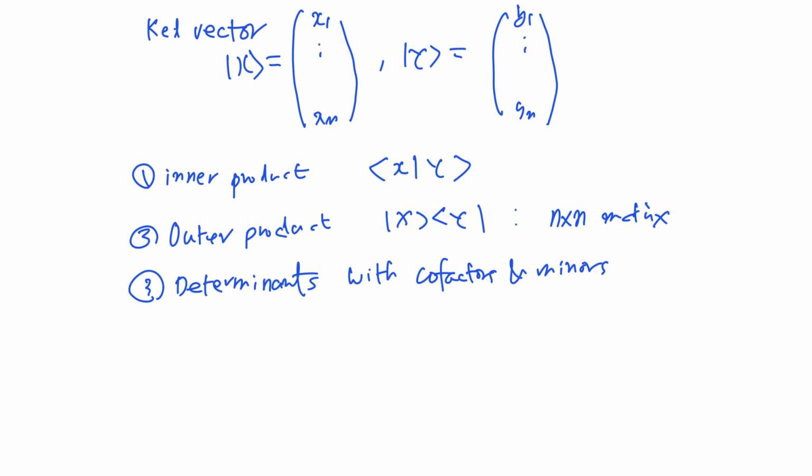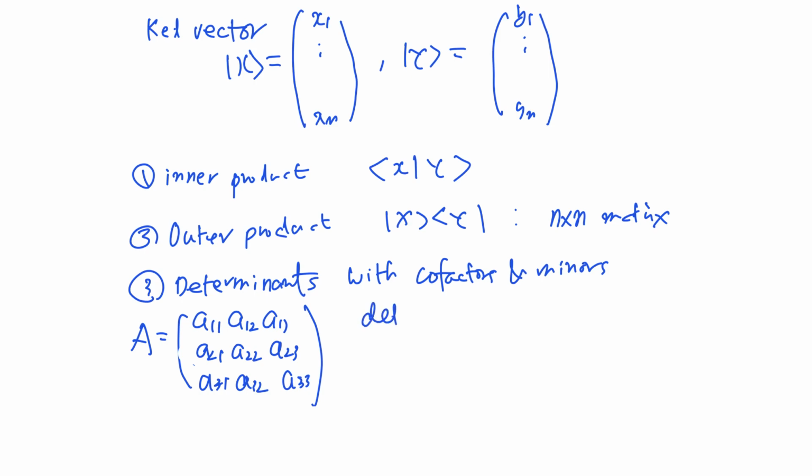So for example, if we have A11, A12, A13, A14, A21, A22, A23, A31, 32, 33.